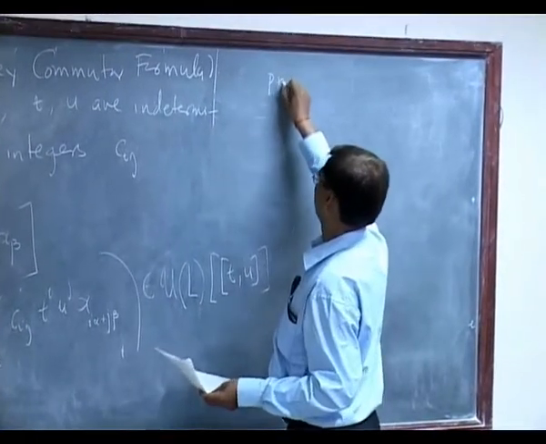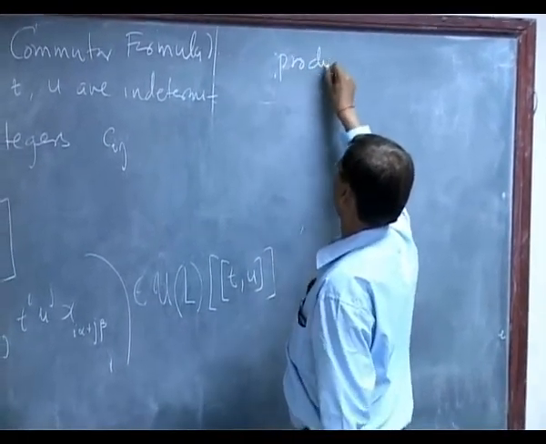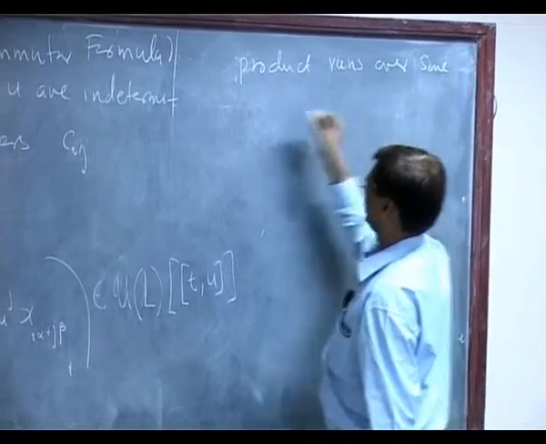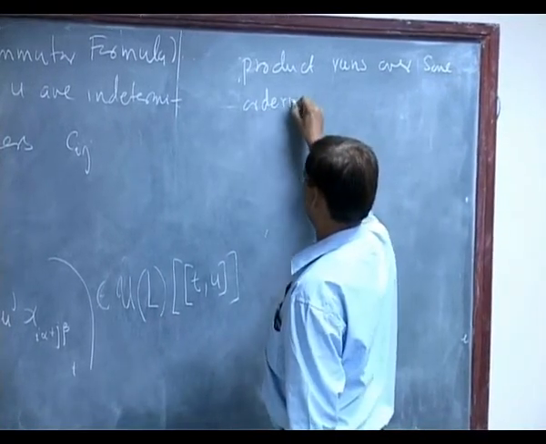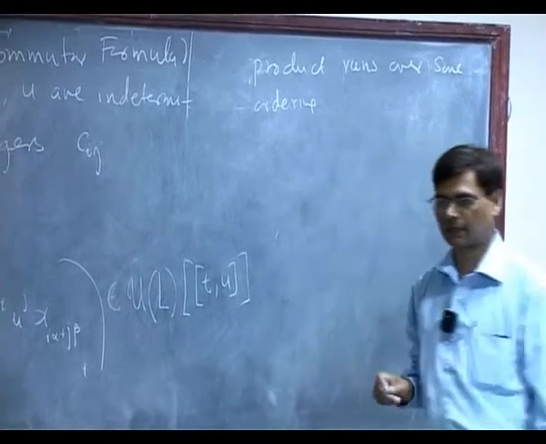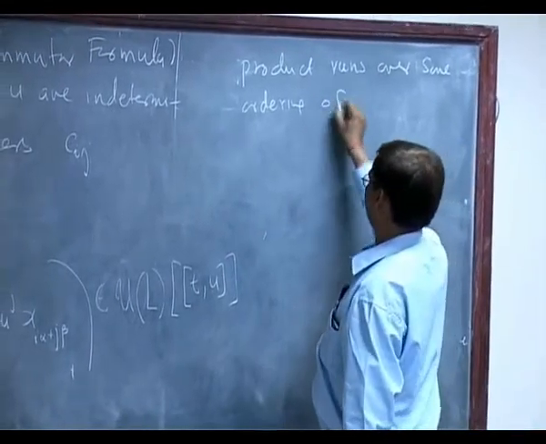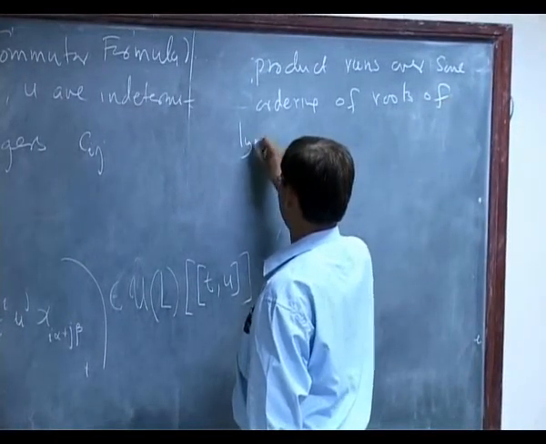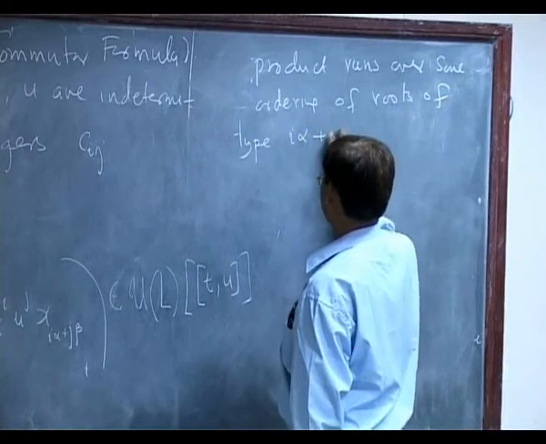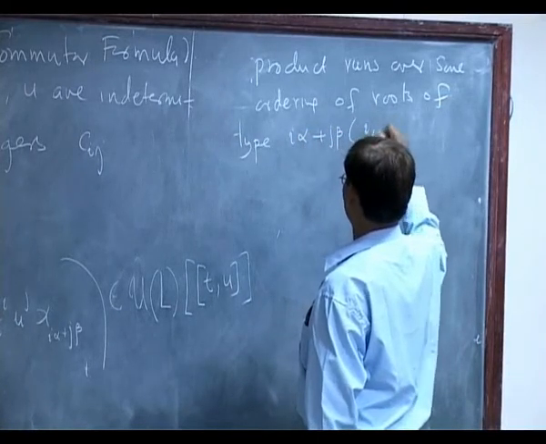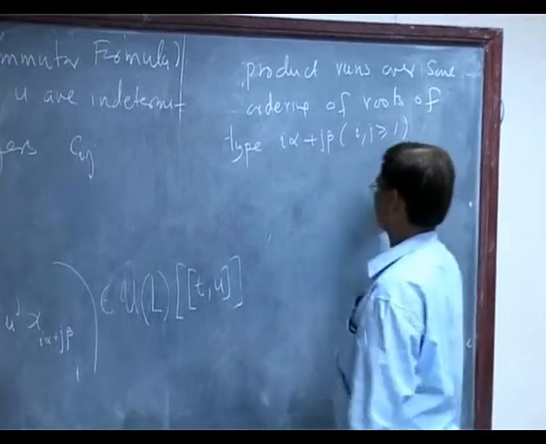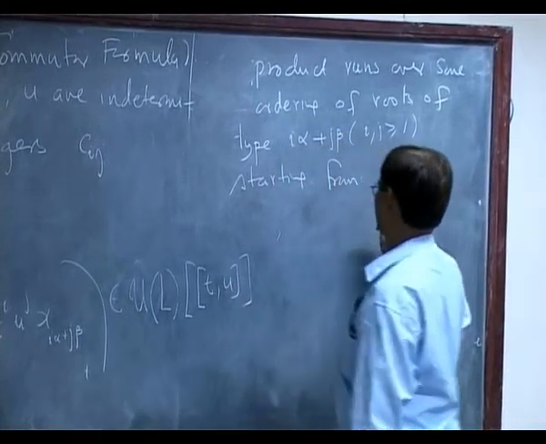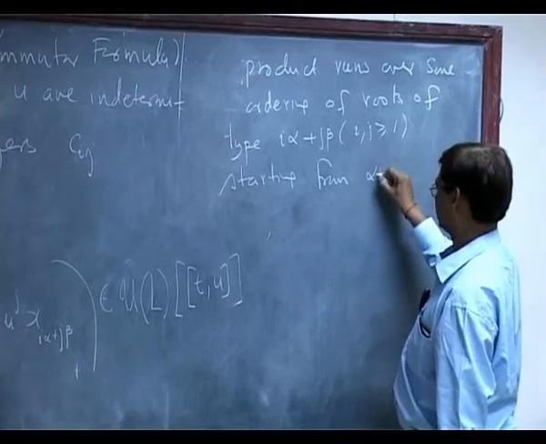Whatever ordering you take, fix an order of roots of type i alpha plus j beta, i, j both greater than or equal to 1, starting from alpha plus beta.